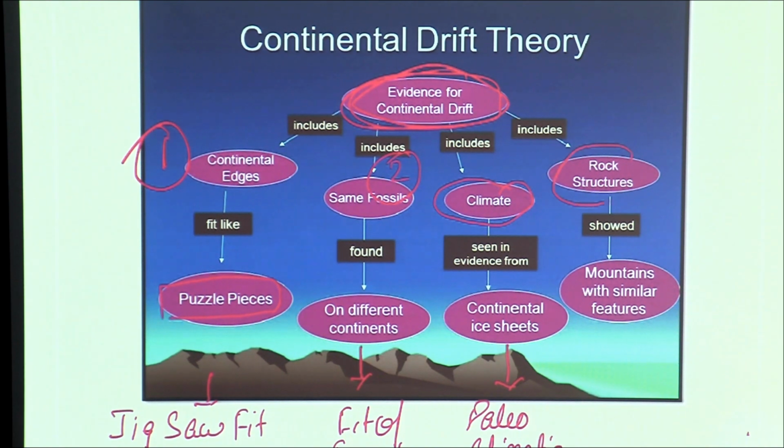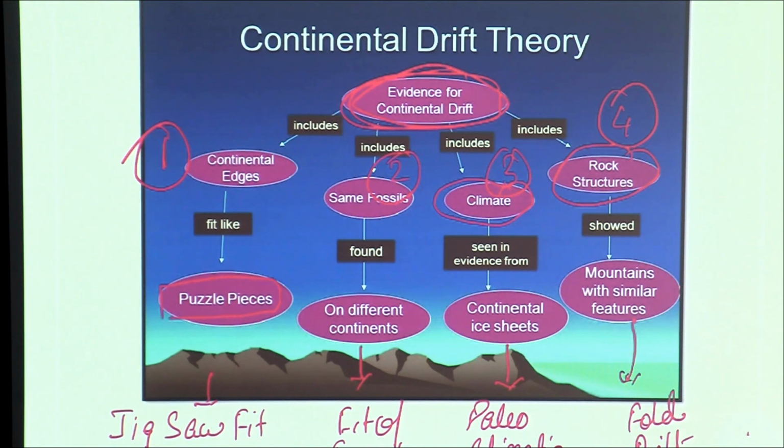And finally, it includes rock structure. So 3 and 4. And what is this rock structure that we are having? Mountains with similar features, like we can have fold mountains, which are largely found in the north. We have got the rifts that are being created in the south. So it is all about the tectonic features.